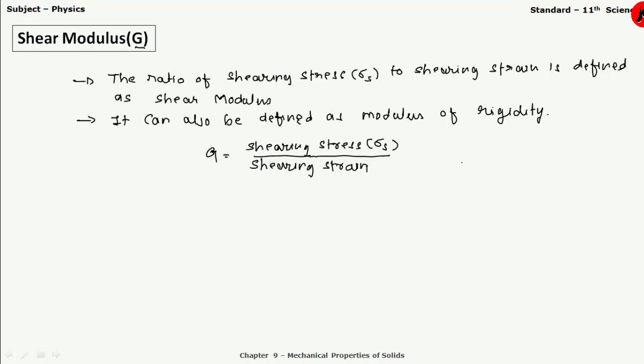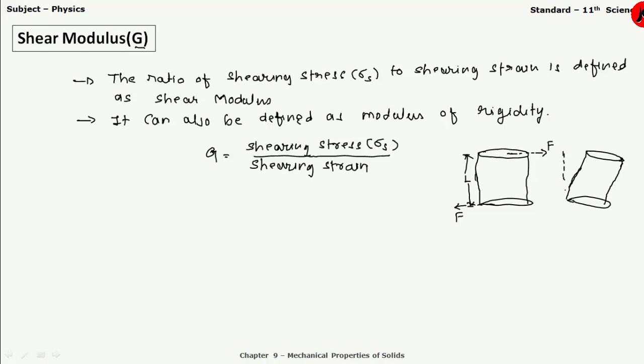Now if you remember the concept of shearing strain, we have considered one cylinder having length L, and if we apply the tangential force in both the faces of cylinder, then it will be displaced by delta x, and the new position of cylinder will be like this.